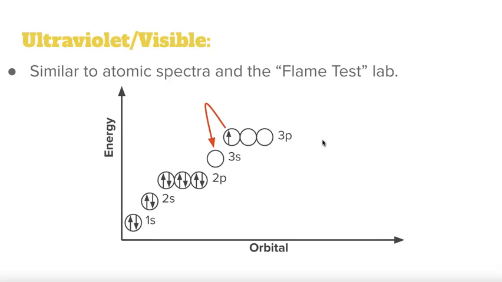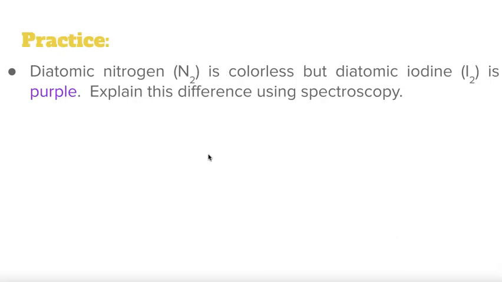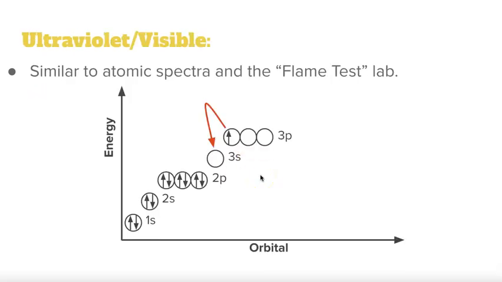We learned that electrons can absorb energy from a ground state to an excited state. But when that electron relaxes to go back down to the lower orbital, it releases energy. And that's the same thing that's happening with a molecule and ultraviolet electromagnetic radiation.